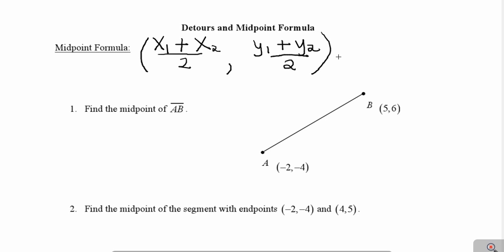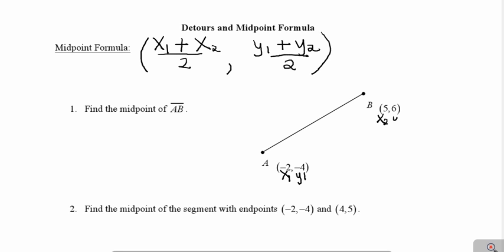So here's a real straightforward example. It says find the midpoint of segment AB, and we're given the coordinates of both A and B. It really doesn't matter which point you start with, but if we start with point A, I'm going to call this x1, and then this y1. And then for point B, I'm going to call this x2, and then y2.